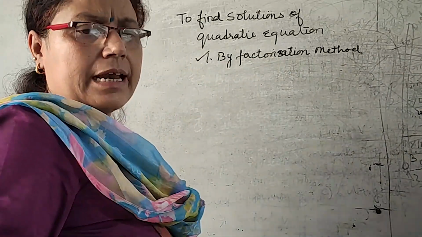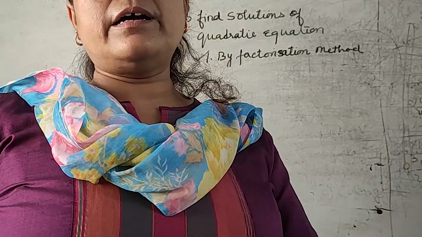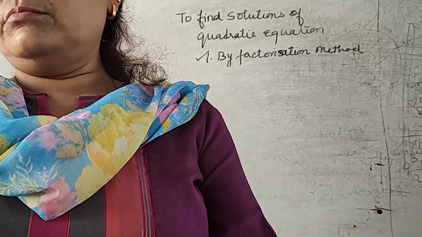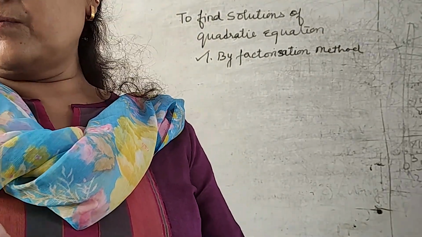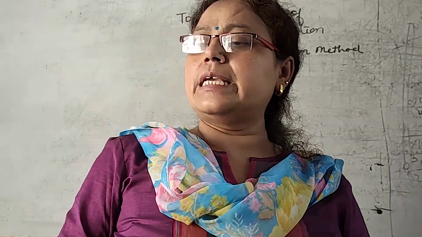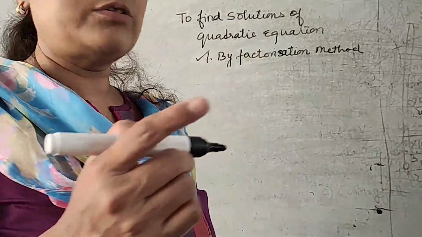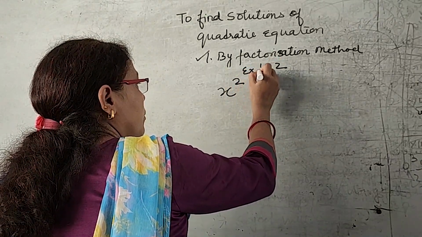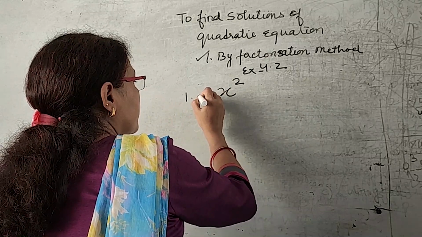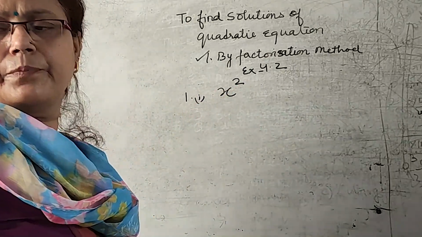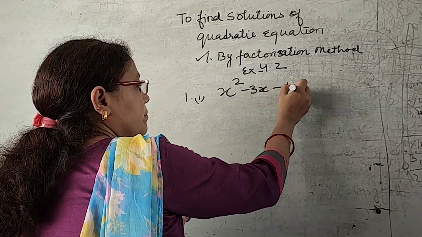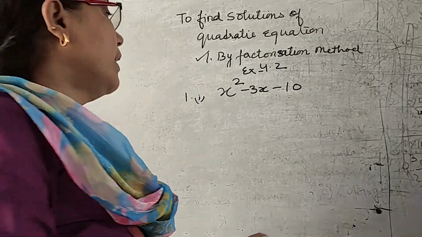This you already read in 9th standard, to find the factors by splitting the middle term. Now, see exercise 4.2, very first question. It says find the roots of the following quadratic equations by factorization. The first part is x square minus 3x minus 10 equal to 0.